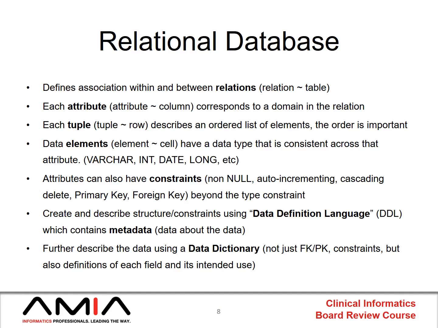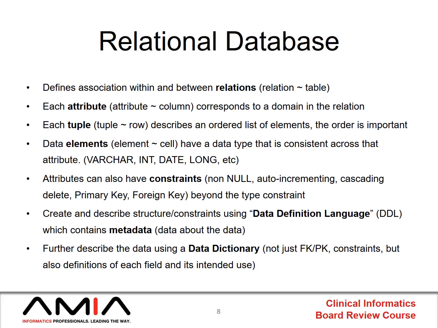If I wanted to describe the structure and these constraints of a table so that somebody else could pick up and implement their own copy of my table, I can do so through a metadata language called Data Definition Language, or DDL. And again, metadata means data about the data. The DDL, while it describes the structure and organization of the table, may not actually define the individual attributes and what they mean at what we call the semantic layer.